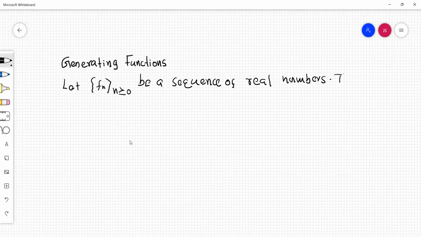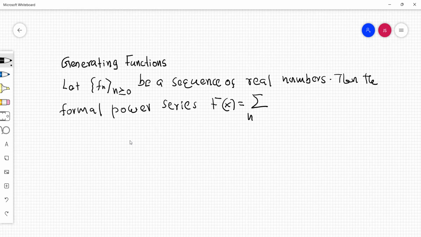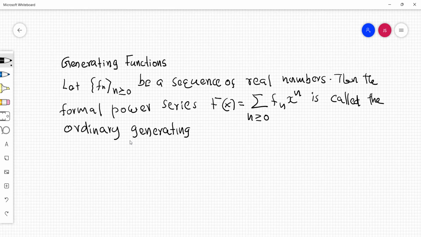Then the formal power series capital F(x), which is equal to the sum over n greater than or equal to 0 of Fn x^n, is called the ordinary generating function of the sequence Fn, n greater than or equal to 0.